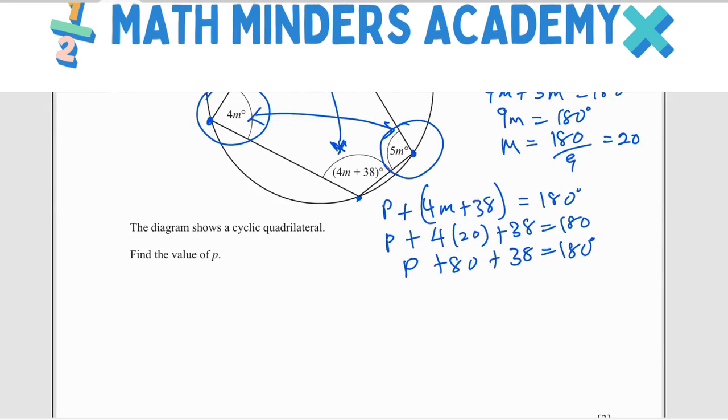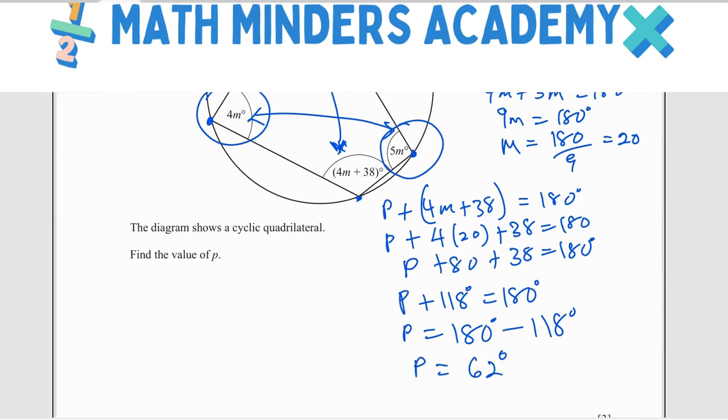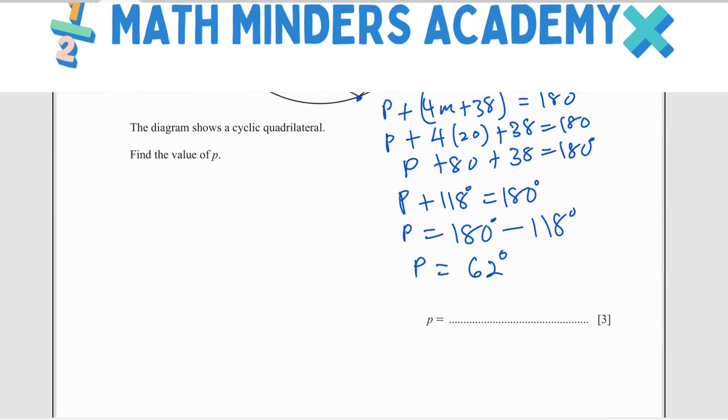Solving here, we have p plus 118 degrees equals 180 degrees, okay? So p is 180 degrees minus 118 degrees, and that's going to give us 62 degrees as the value of p. So here we enter 62 degrees.